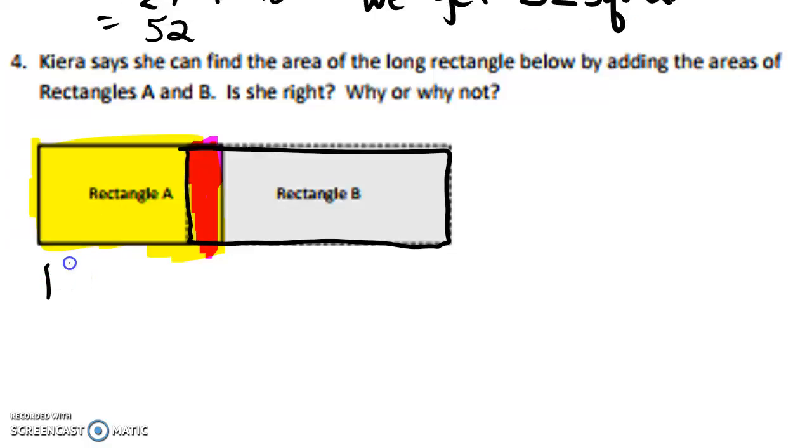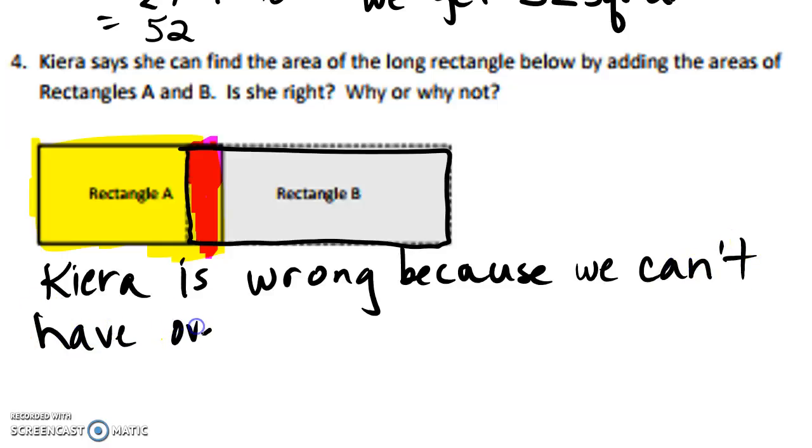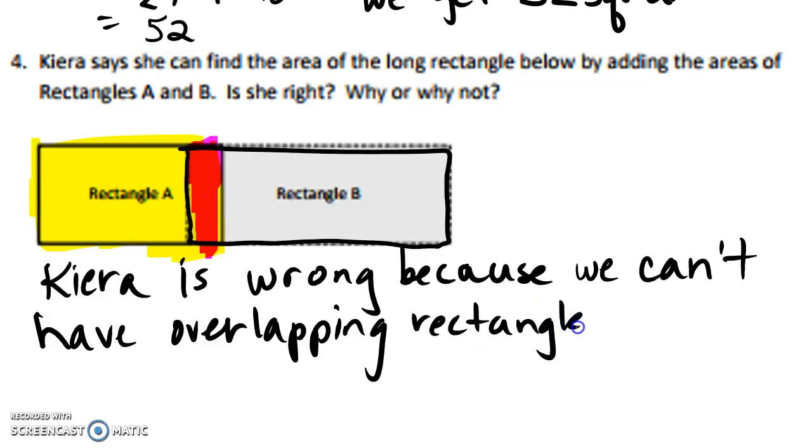So Kira is wrong because we can't have overlapping rectangles.